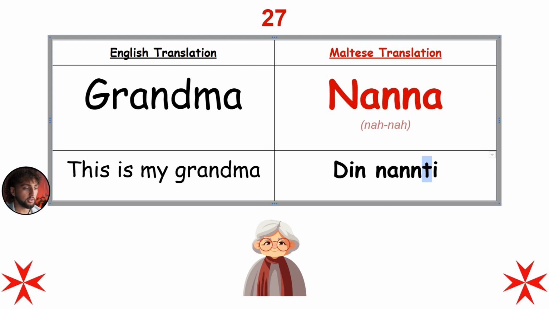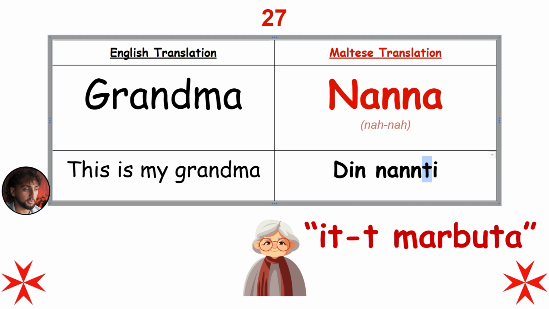This is something that we call t marbuta, and essentially this does happen in other scenarios throughout the Maltese language, but for this case specifically, whenever the name of a family member ends in the letter a, like the word nanna does, we actually drop the a and replace it with the letters t and i as a suffix.